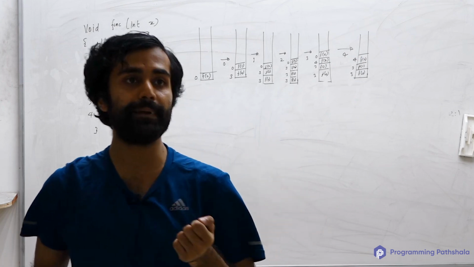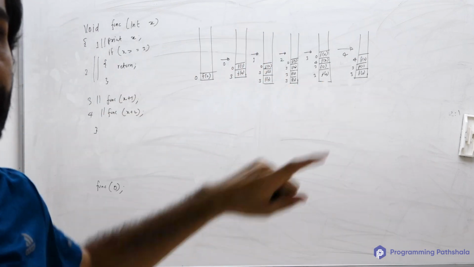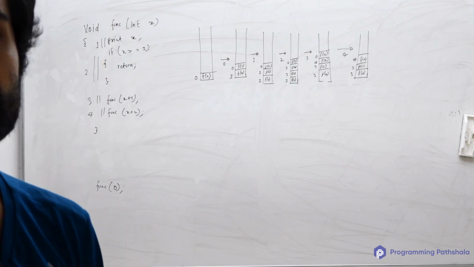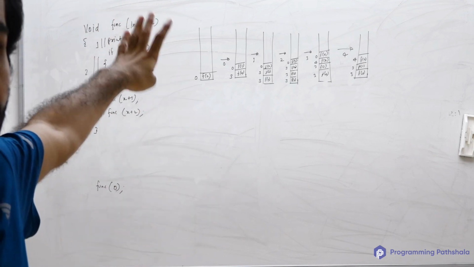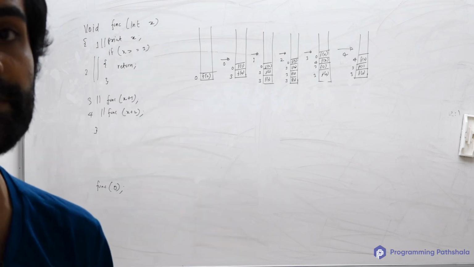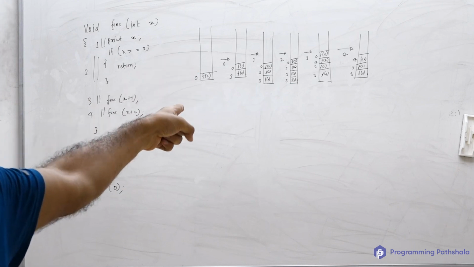So now what should happen? The top of the stack is f of 2, and for f of 2, how many instructions are executed? Can I say that for f of 2 all the instructions have been executed? If all the instructions have been executed, then it should be popped out, right?